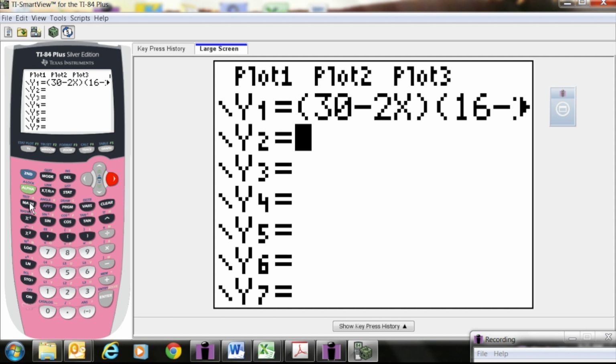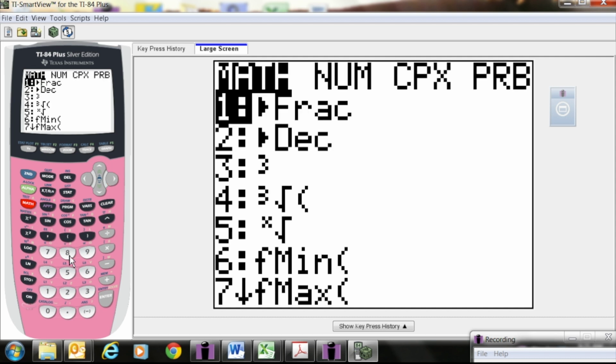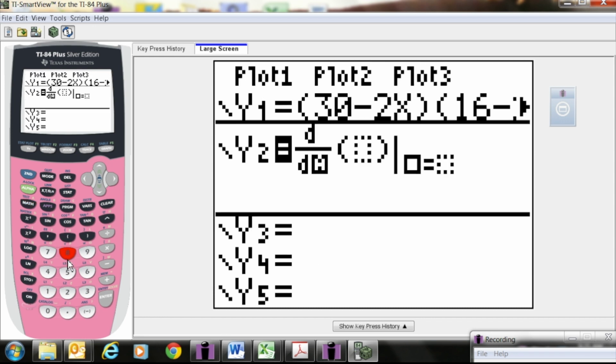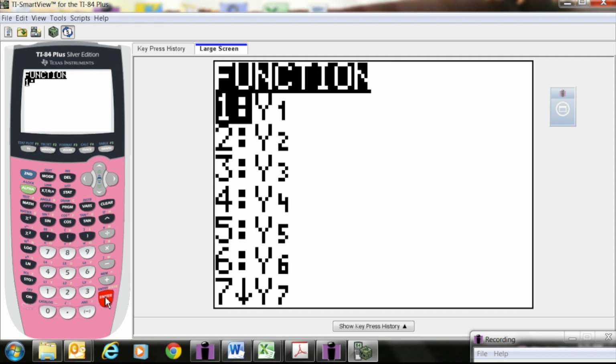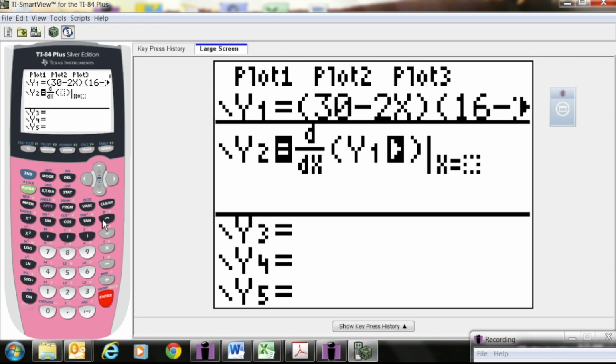So I'm going to ask the calculator, math 8, you cannot see that, but it's below there, is the derivative. I'm going to ask it to graph the derivative with respect to x, and I want to do Y1, Y bars, enter, enter, and there's also a button up here in your alpha thing that you can also use.